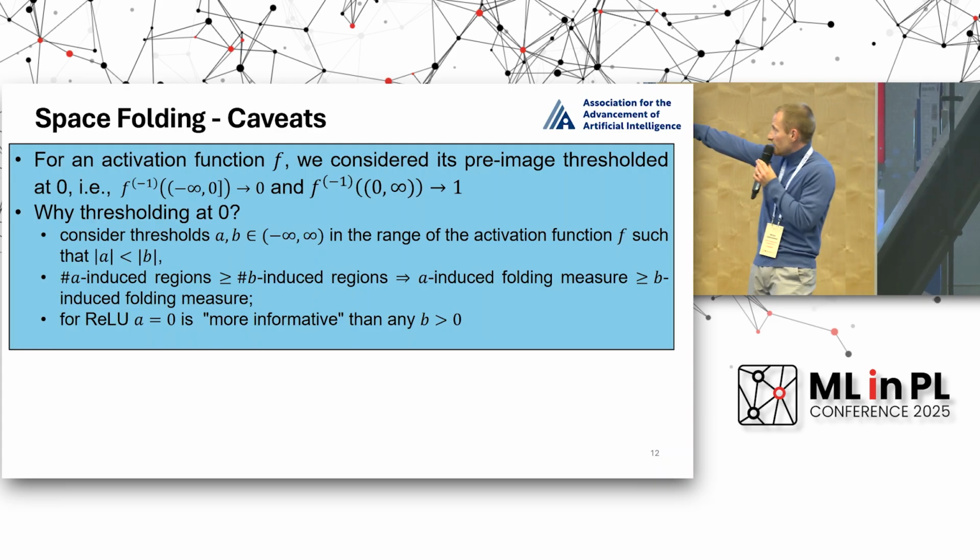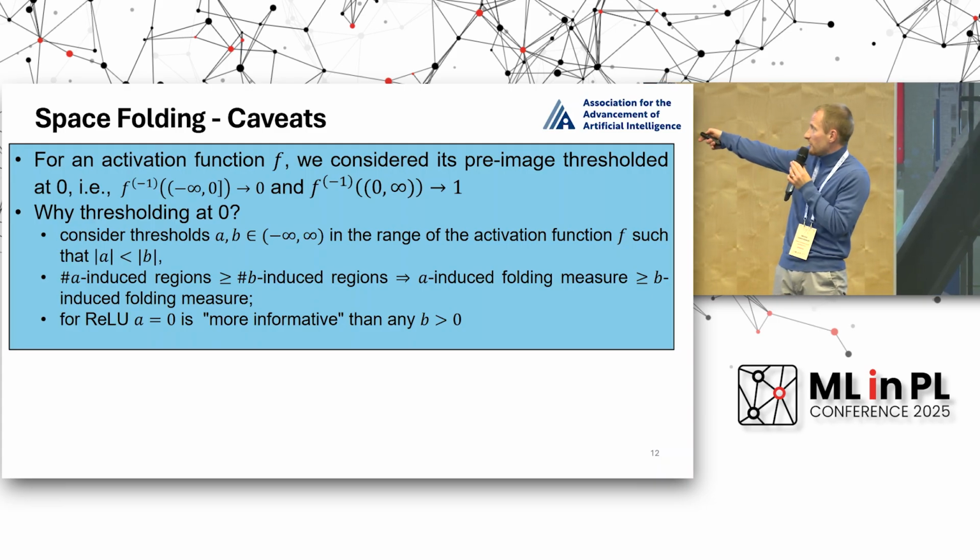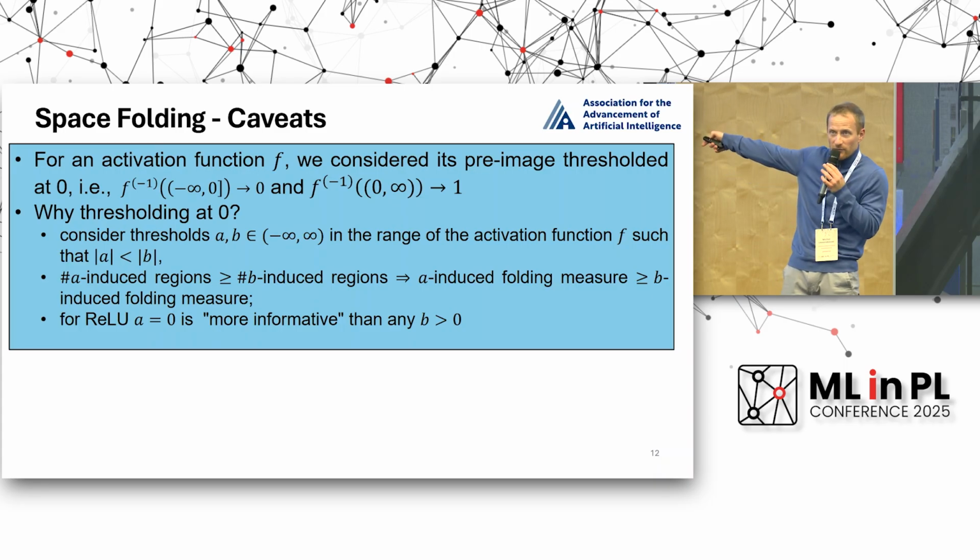And for the ReLU function, it strictly implies that putting A equal to 0 is more informative, in the sense of the folding measure and the number of linear regions induced, than any other strictly positive B.